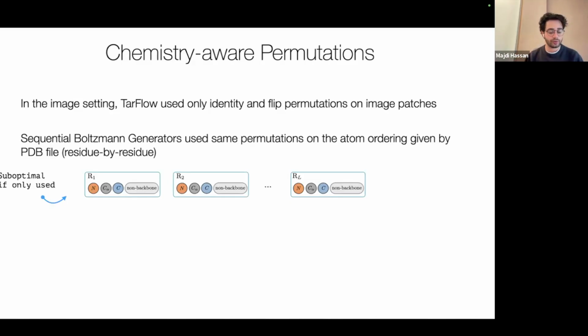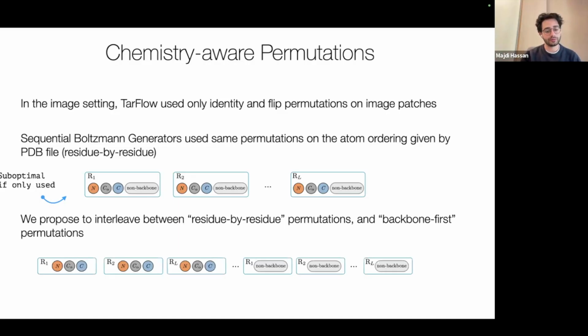And naturally, we have a lot of information from the topology, and the transformer could benefit from having diverse permutations. And so we propose to interleave this residue by residue permutation with these backbone first permutations. The idea is that we take the backbone atoms from each residue, update the coordinates of these atoms first, and then update everything that's not part of the backbone, like side chains.